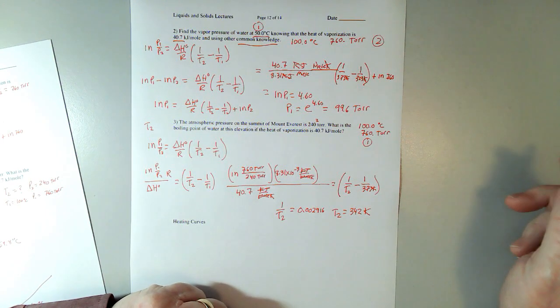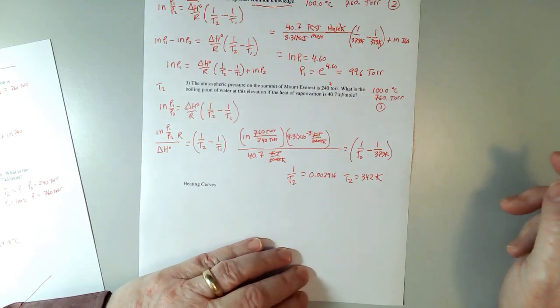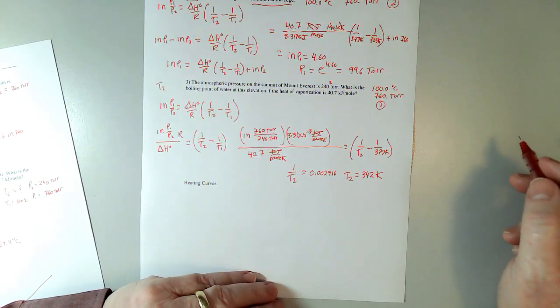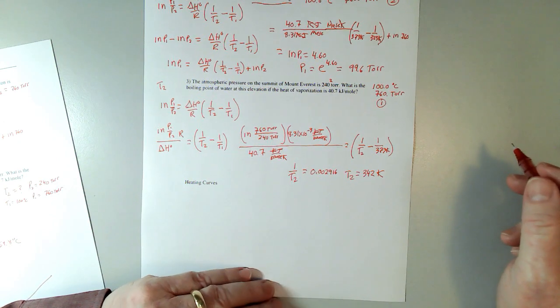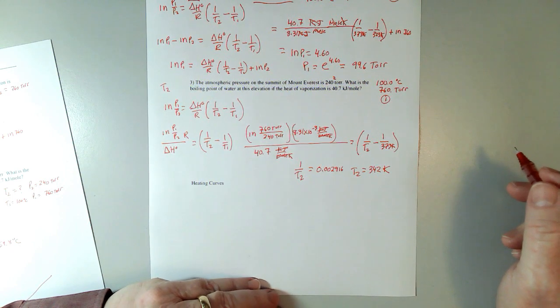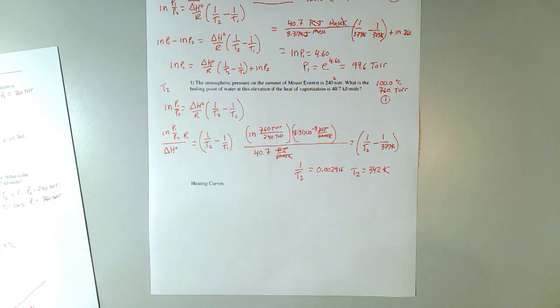Okay? And if I wanted to, I could even convert that into degrees Celsius. Okay? All right. So I think that's pretty much what we need to say about these. Okay? Go through them. They are a little bit more algebra than you're used to. Not going to deny that.